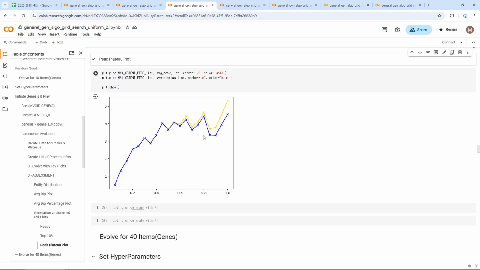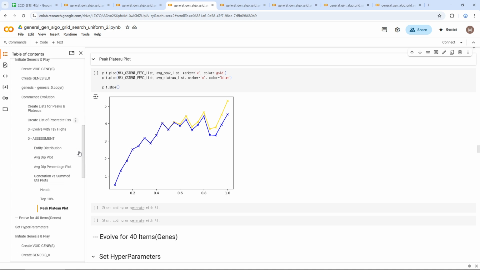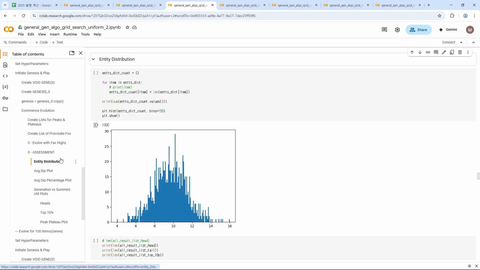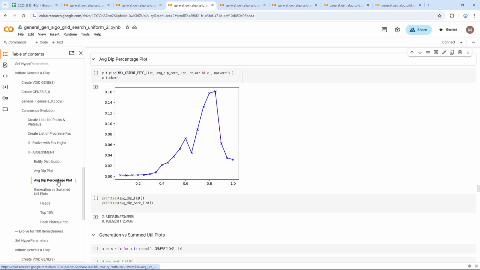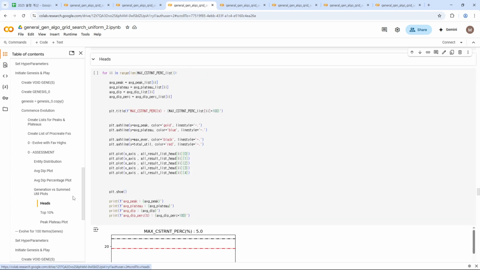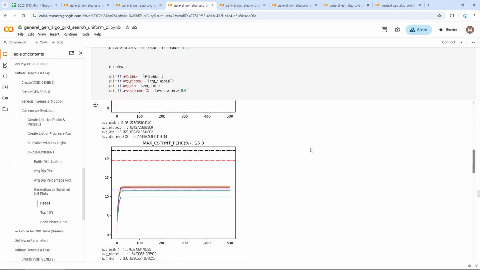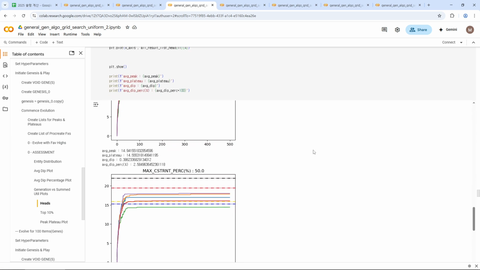I guess the difference is due to the fact that everything is being sampled per iteration. So 40 items. Entity distribution, same. Average dip plot, same. Average dip percentage plot, same. Heads, same.